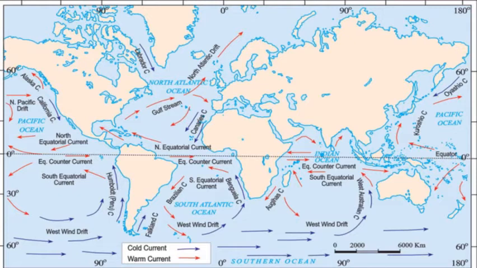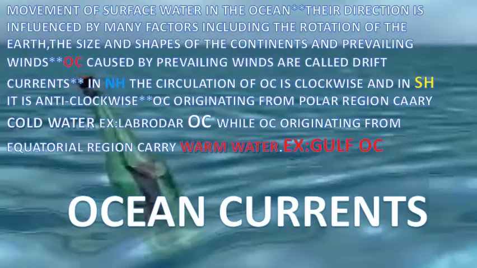The cold currents are originating from the southern polar region and northern polar region, and they carry cold water, whereas the warm ocean currents originating from the equator carry the warm water. That's why they keep warm conditions here, whereas the cold ocean currents keep cold conditions in the polar region.